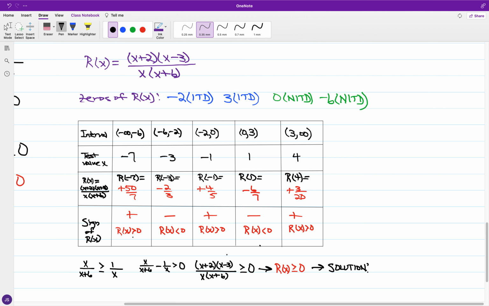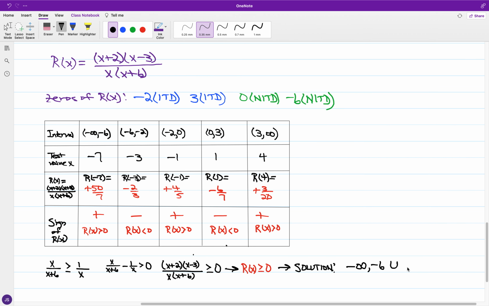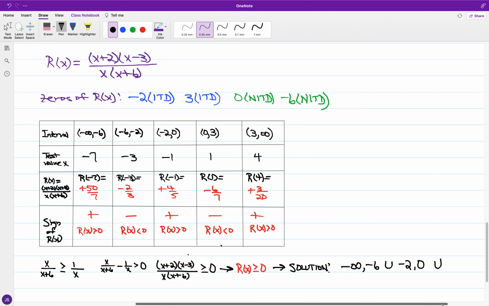So now we are involving the limit values. You have negative infinity and -6, and -2 and 0, as well as 3 and infinity.